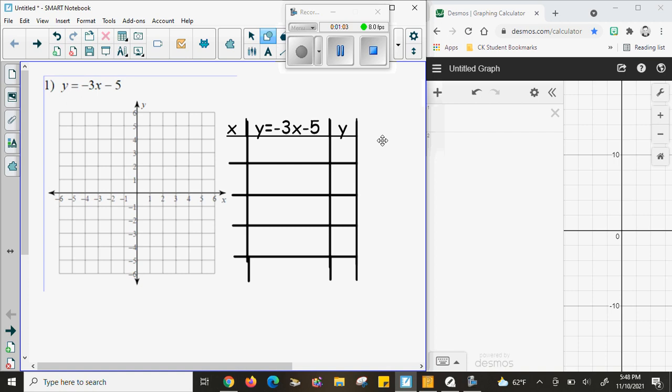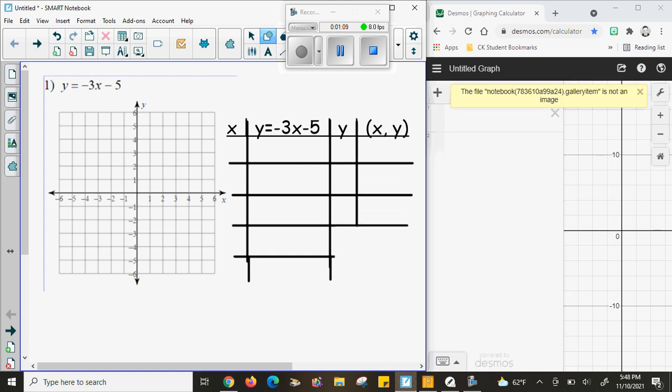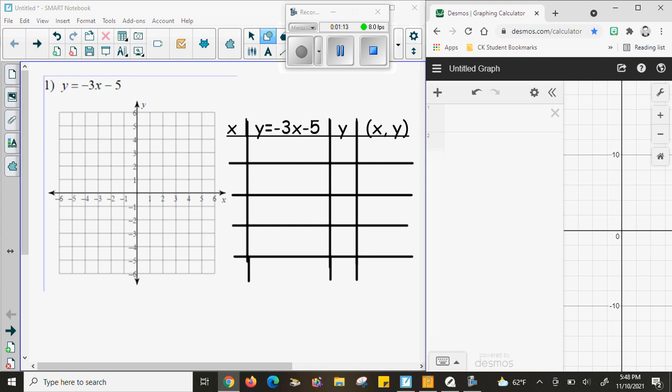We'll see what that looks like. And then finally, use that to get our x, y coordinates.